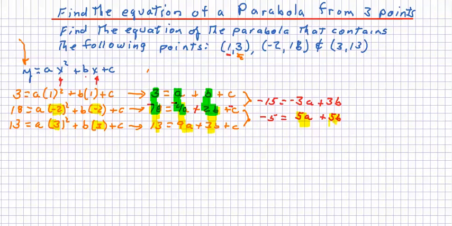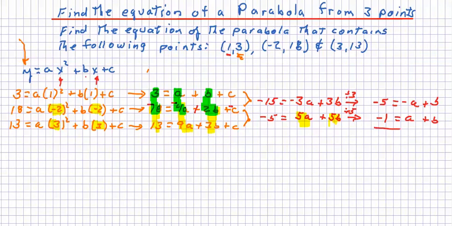Now I want to simplify this. So I'm going to divide each equation by the greatest common factor. I'm going to divide the top one by 3. So I get negative 5 equals negative a plus b. I'm going to divide this by 5. And I get negative 1 equals a plus b.